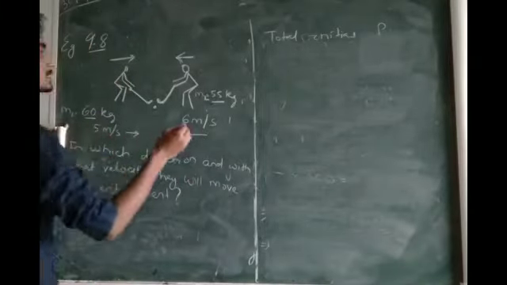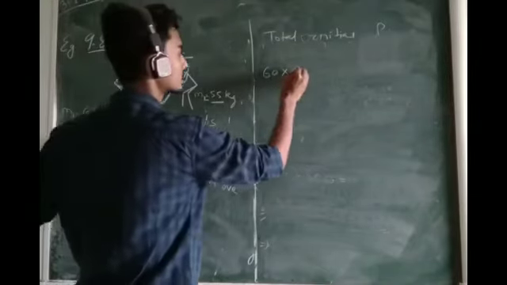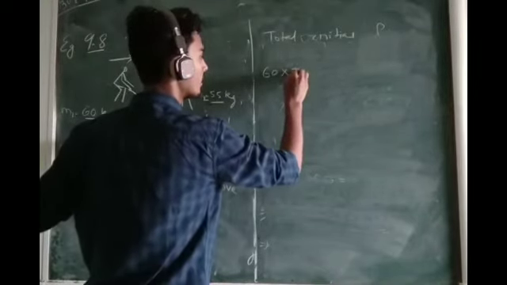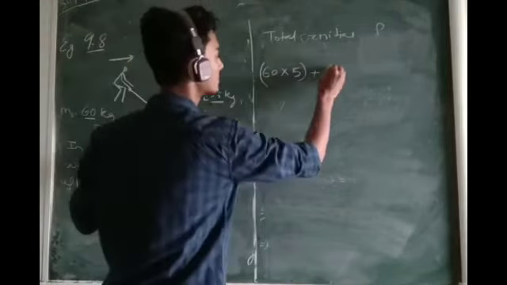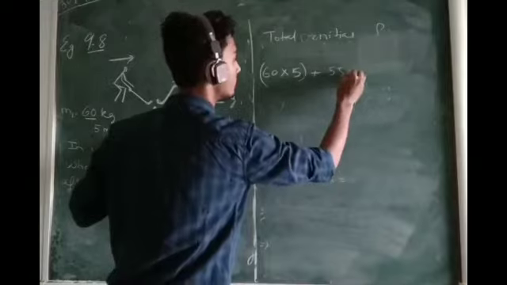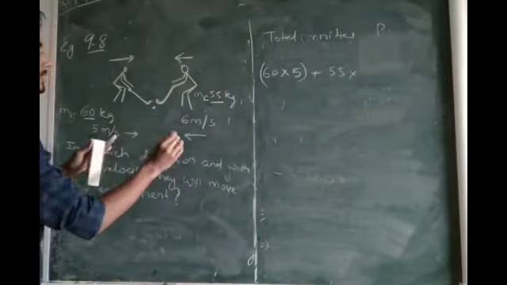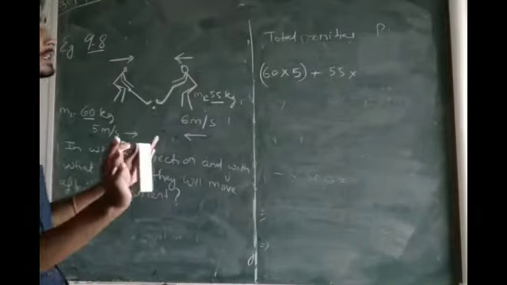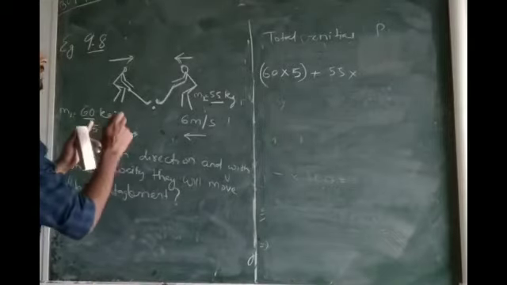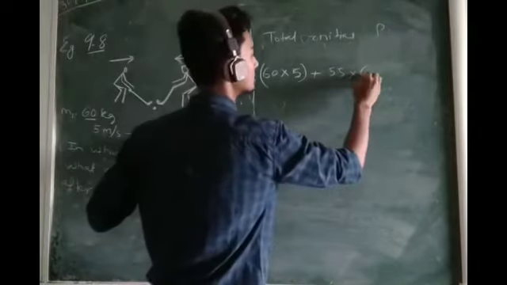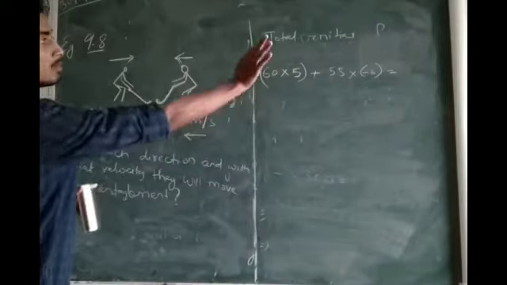Mass of player 1 is 60 kg, 60 into its velocity, 5 meter per second, plus mass of player 2 is 55 kg into its velocity, 6 meter per second. One thing we have to keep in mind: velocity is a vector quantity. So here the velocity is in the opposite direction, so we have to take it as -6. So this will be called our total initial momentum.